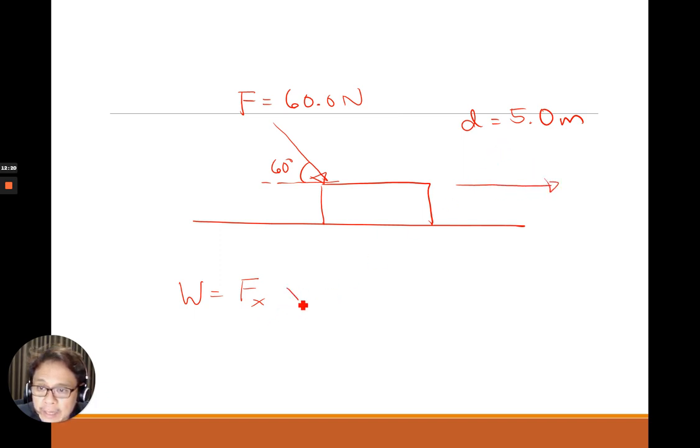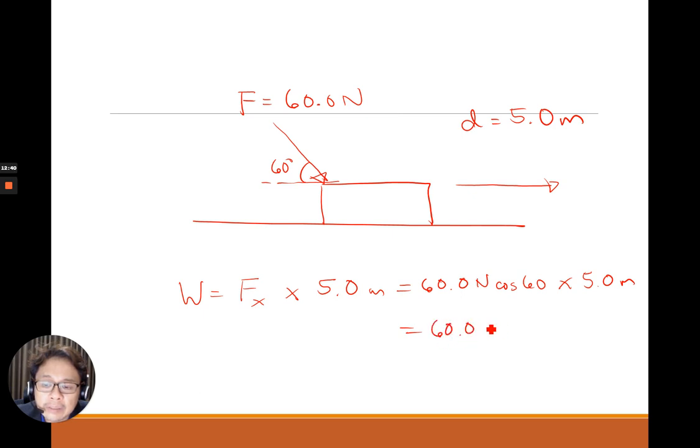So F sub x times 5.0 meters. But what is F sub x? F sub x is 60.0 newtons cosine 60 multiplied by 5.0 meters. 60 times cos 60 is 0.5 times 60, so this is 30 newtons multiplied by 5.0 meters. This will give us 150 joules.